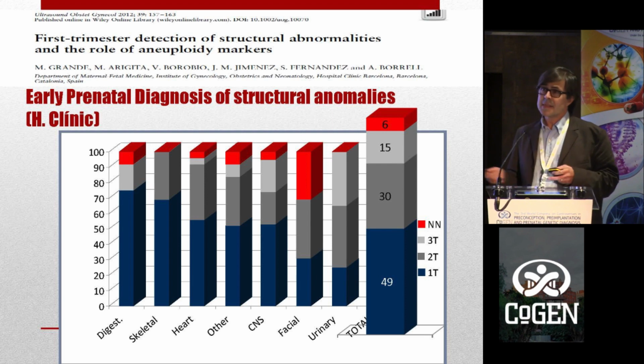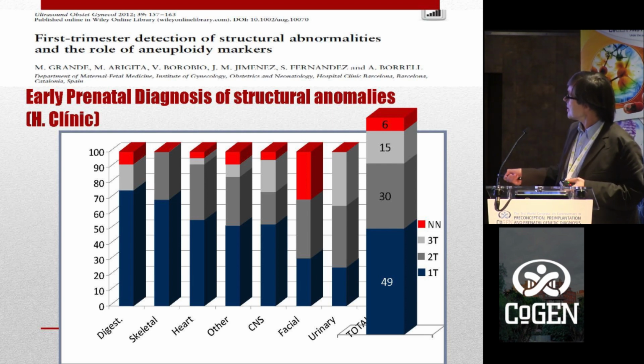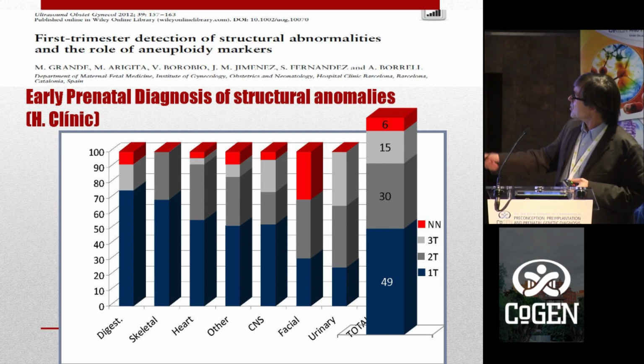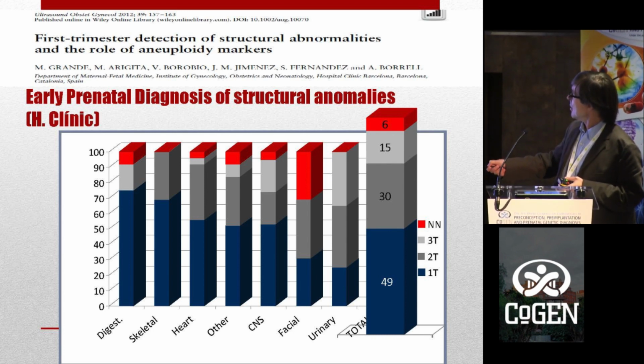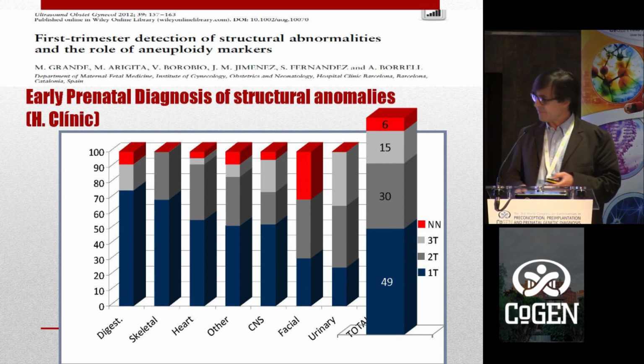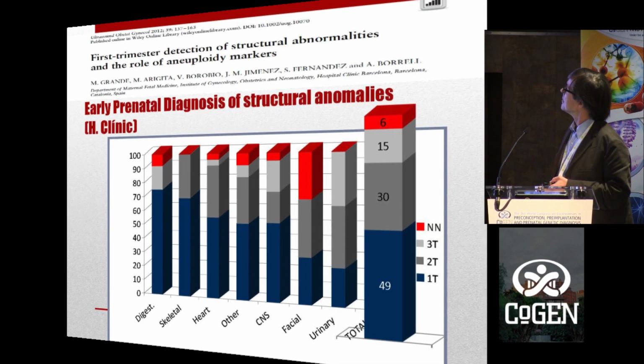Obviously, this is not the same in the different systems, and the best was digestive and abdominal wall. And skeletal, also more than 50%, heart 50%, other 50% in the first trimester, central nervous system 15%, facial and urinary less than 50% in the first trimester.